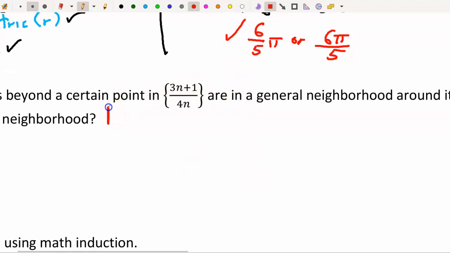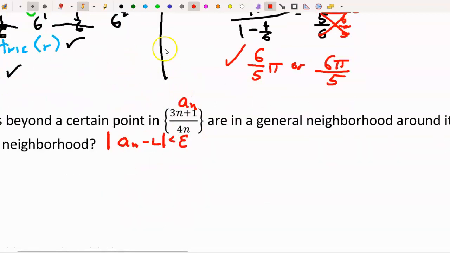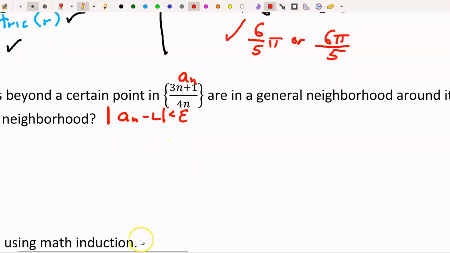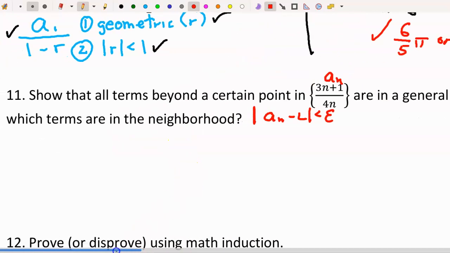So the format is a sub n minus L is less than epsilon. This is our a sub n, we got that, but we don't know what the limit is. So we actually have to do what we did up there in other problems and go through and see what the limit is. So that's step 1. Then we can do the rest of it.